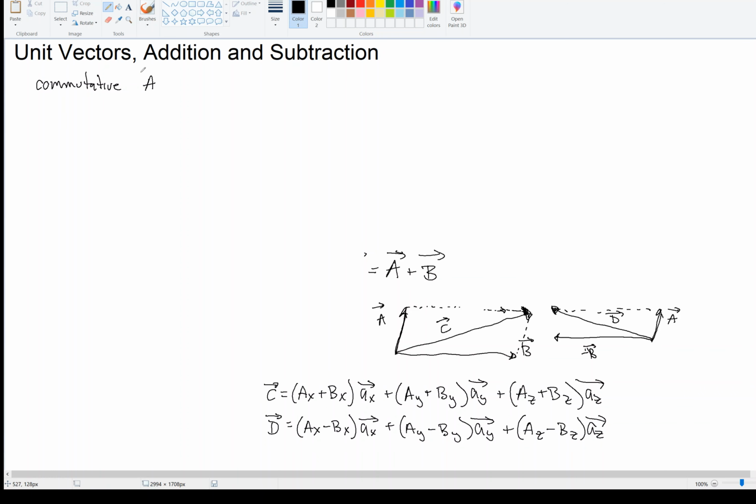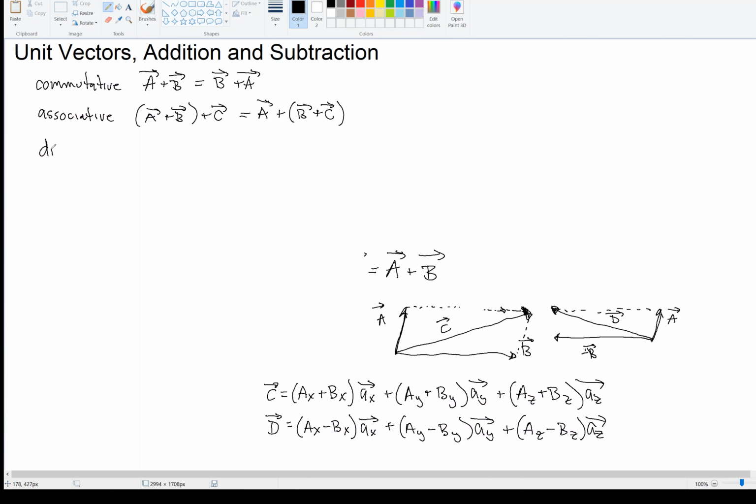For example, vector A plus vector B is equal to vector B plus vector A. And we can talk about the associativity property. That is, if I add vector A with vector B and then add that to vector C, that's the same as adding vector B with vector C and then adding vector A.